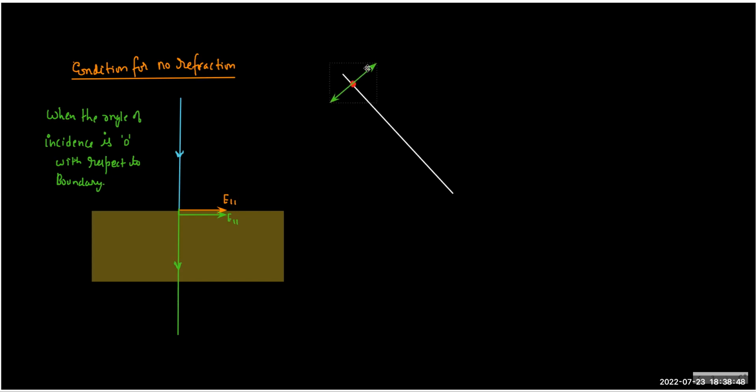But in each case you can see both are perpendicular components, right? Now imagine if the boundary is not perpendicular to the path, if the angle of incidence is non-zero, then for the boundary we can have a component. You can see, it is like you can resolve the vector.